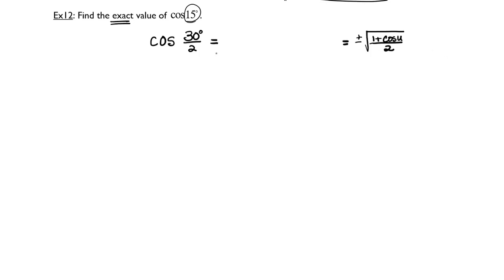This allows me to rewrite cosine of 30 degrees over 2 using the formula. Cosine of 30 degrees over 2 will equal plus or minus the square root of 1 plus cosine of 30 degrees, all divided by 2.